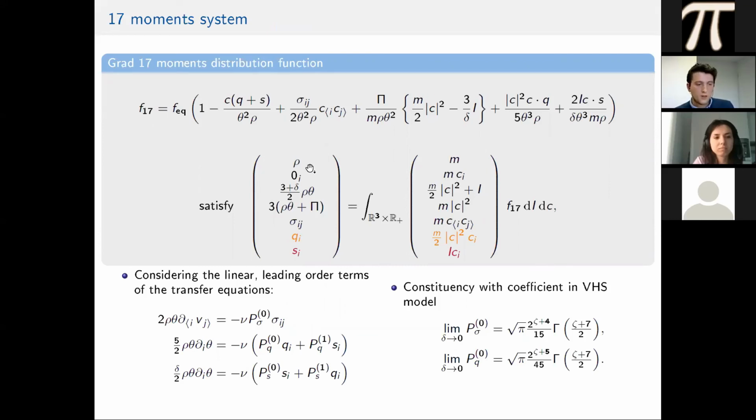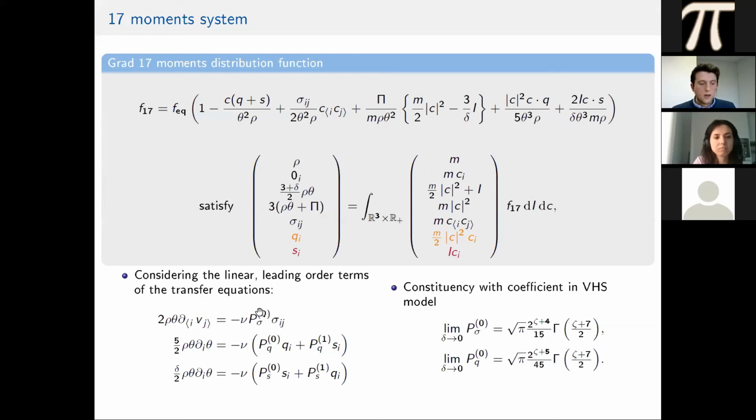But another important thing is to increase the number of moments. First, we increase the number of moments by splitting the heat flux into two parts: one is the translational heat flux, and the second is the internal heat flux. And this is how the distribution looks. When you plug this in and project, it gives the moment equation system.